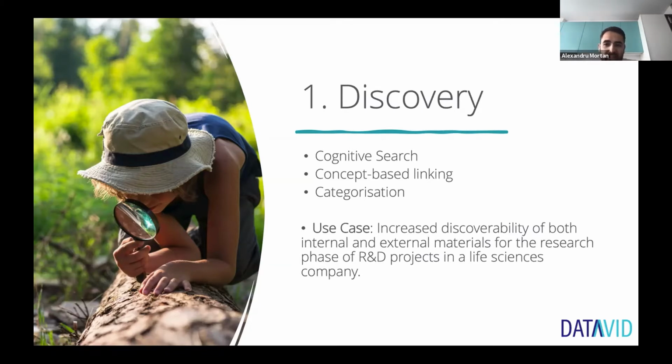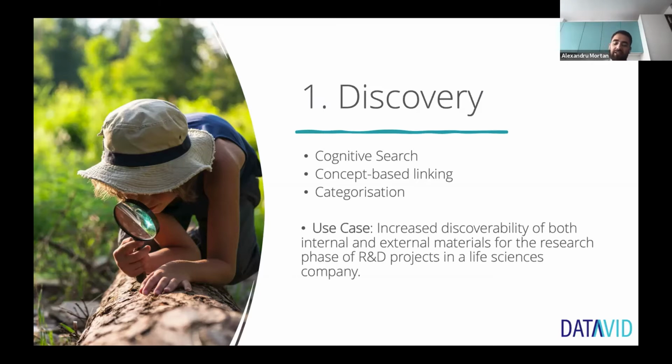Also, you can link these concepts. So if you're having a data hub, as described before, you can start linking these concepts, and then you'll know what to suggest in the search. You'll know what other synonyms you can look for in the documents to provide the relevant search results to the user. And you can also do some sort of categorization.